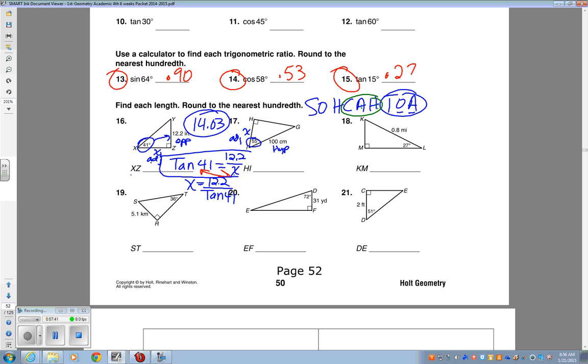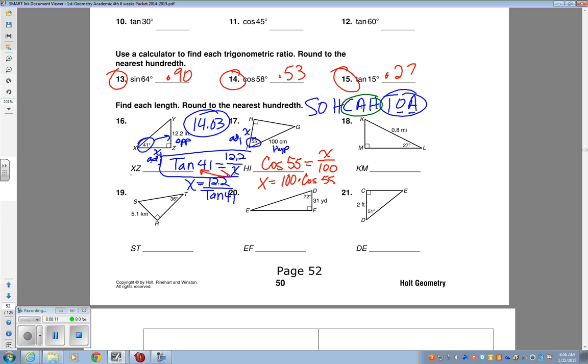So now you're going to write cosine of the angle, which is 55, equals, now you write your ratio, adjacent over hypotenuse. What would I write? X over 100. All right, yes, x is on top, so we multiply. Let me show you what it looks like. So this would be 100 times the cosine of 55.